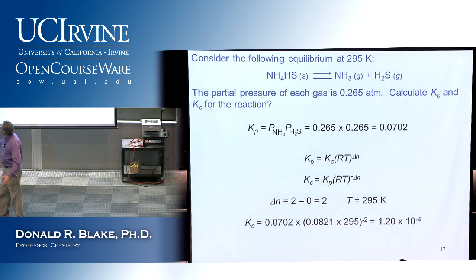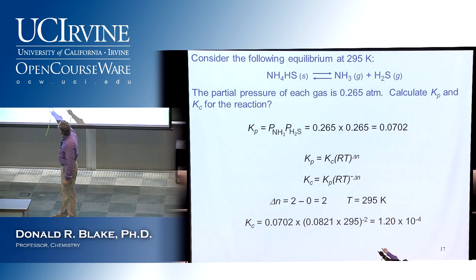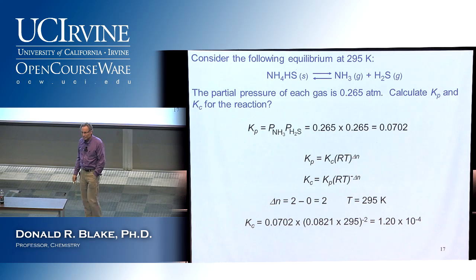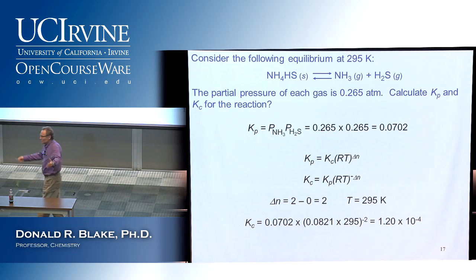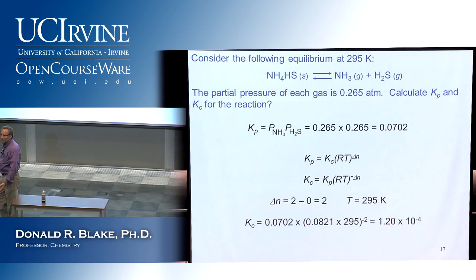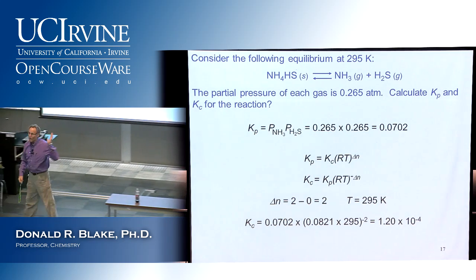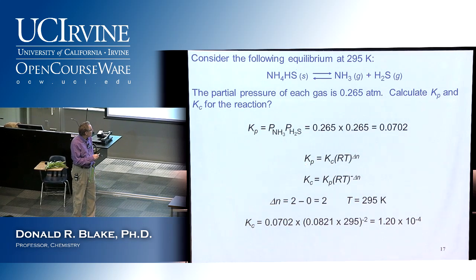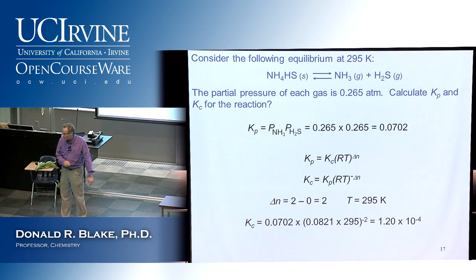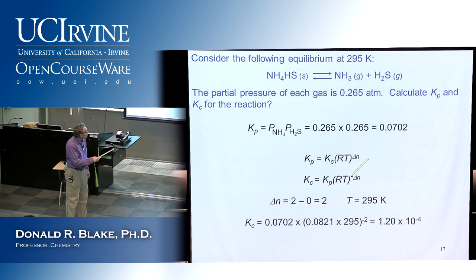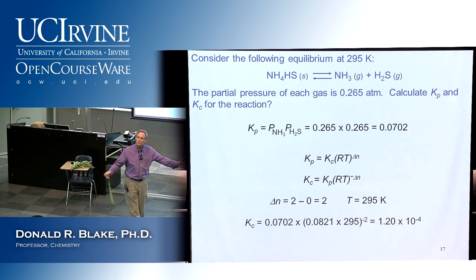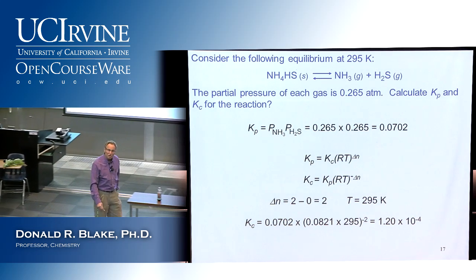I would probably just say 0.07 is equal to K sub C, and then this is all RT to the 2. Okay? And I would just multiply RT, get a value, and square it. Okay, so I would end up with a number right here. I'd have a Kp is equal to K sub C times some number, and then I would just divide this number by that number. But this is a way to rearrange it. However you want to solve the problem is fine, as long as you solve it correctly.